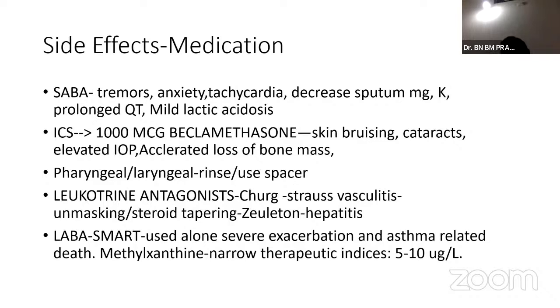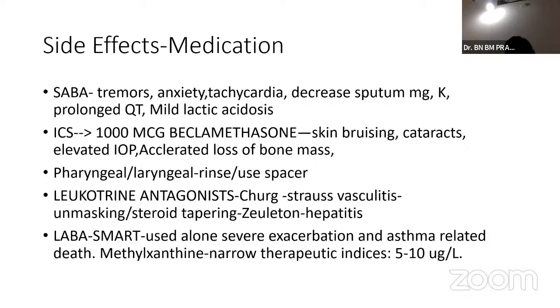They can have the features of Cushing's. They can have cataracts, elevated intraocular pressure, accelerated loss of bone mass can occur, and pharyngeal, laryngeal candidiasis can occur, so they have to rinse and you have to use a spacer to minimize the laryngeal pharyngeal candidiasis.